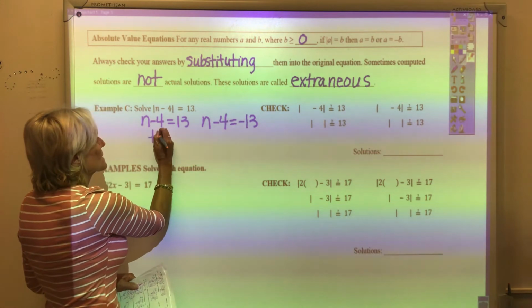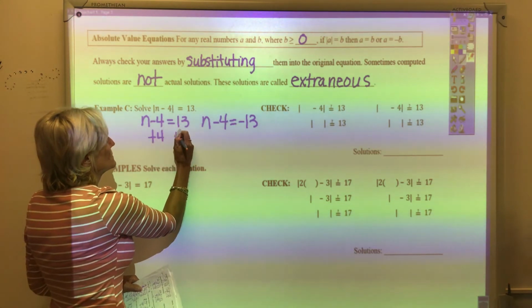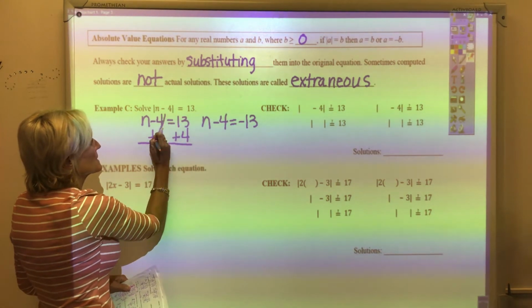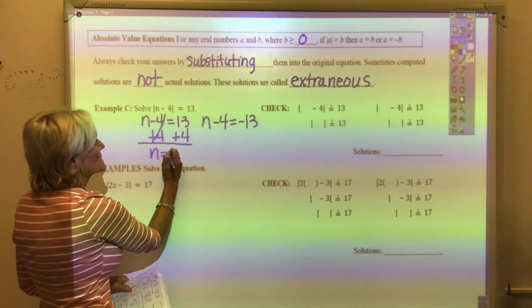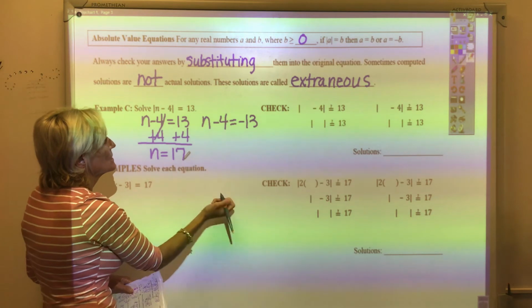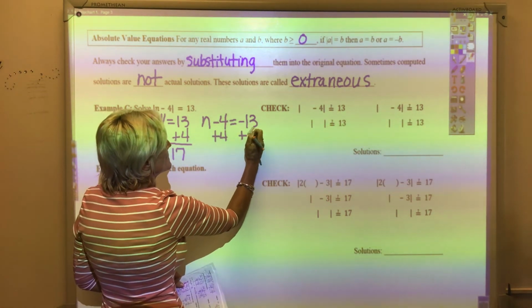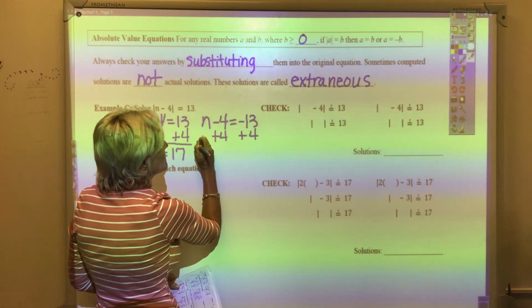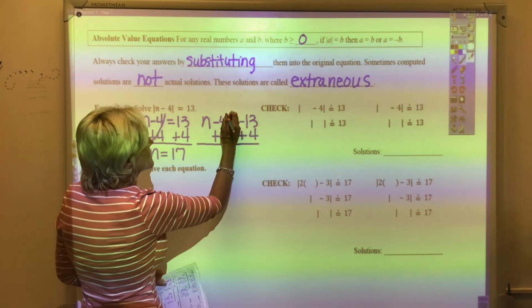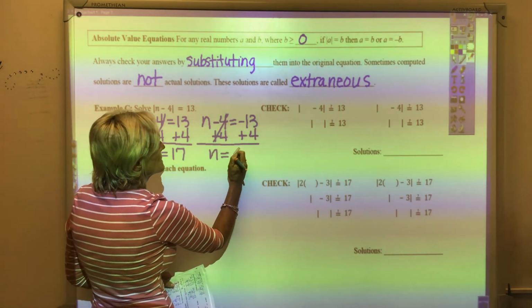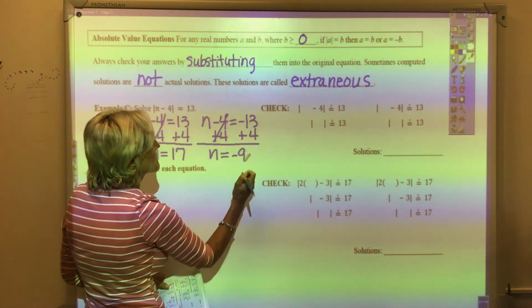We add 4 to both sides, and we get that n is equal to 17. We add 4 to both sides. We get n is equal to -9.